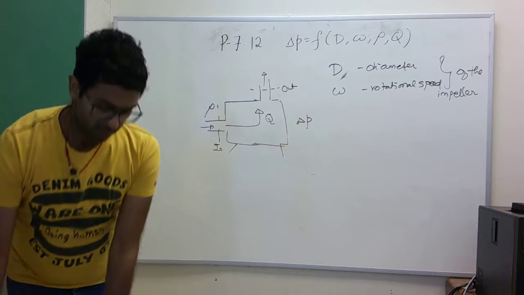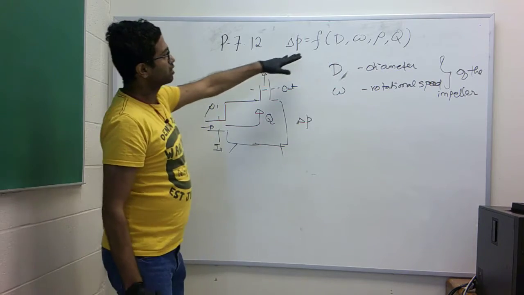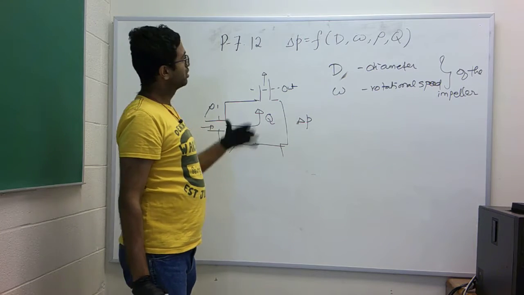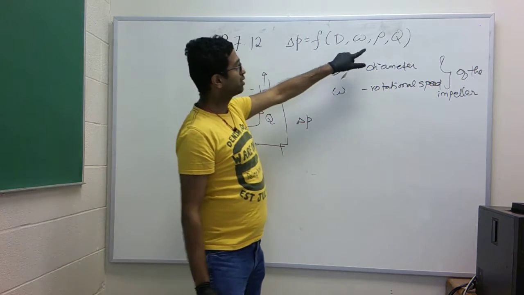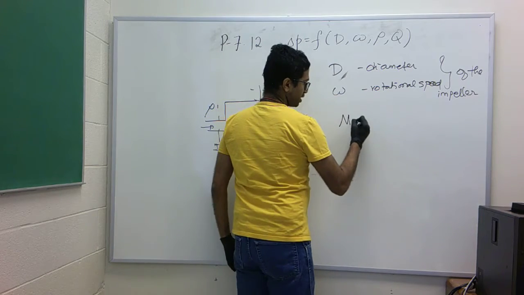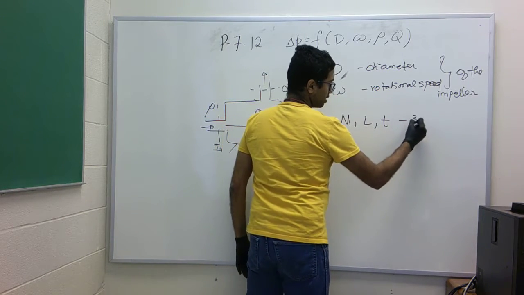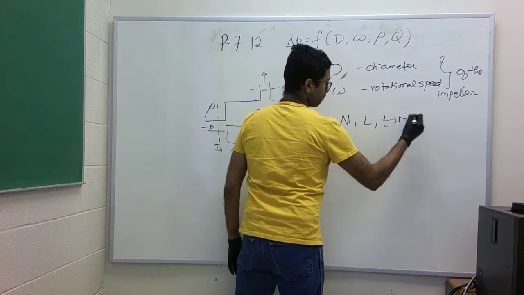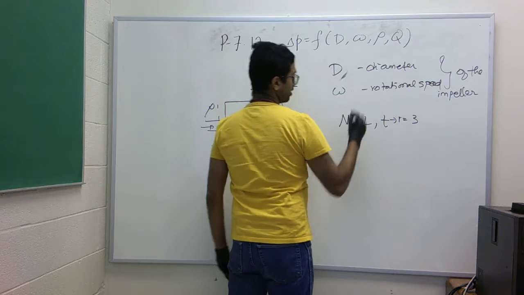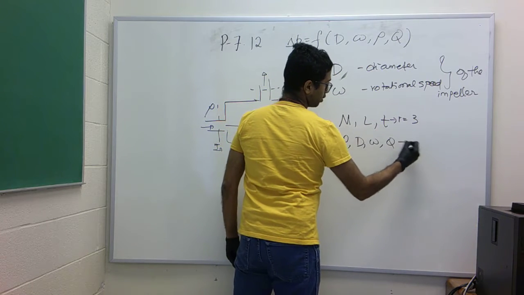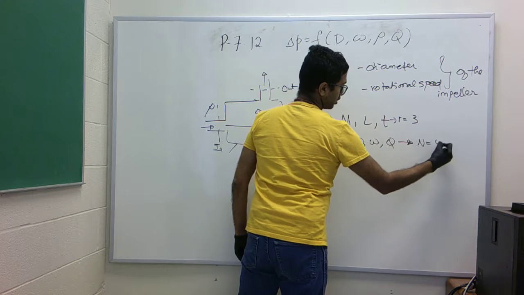Okay. So we want to express this as a function of dimensionless variables, so that there are fewer parameters than 4. Now we are in fluid mechanics. Our basic dimensions are MLT, that's 3. So our r is 3. And you have 4 parameters here: rho, D, omega, Q, which implies n equals 4.